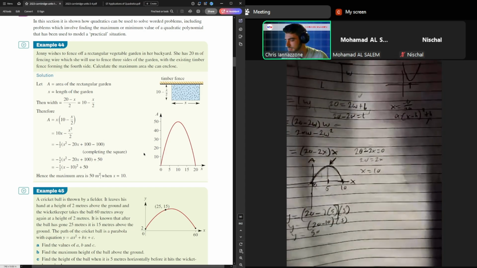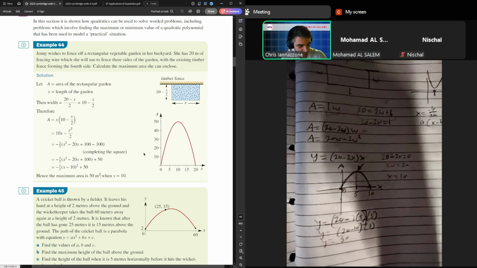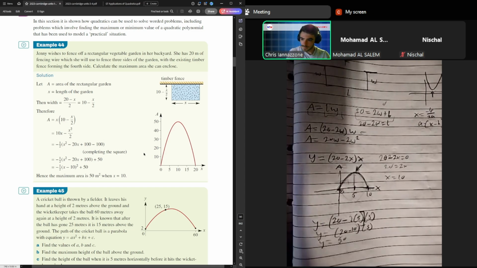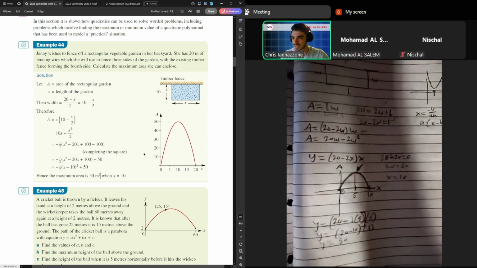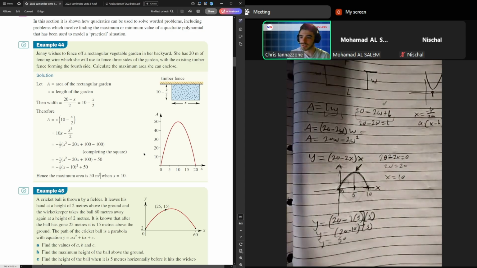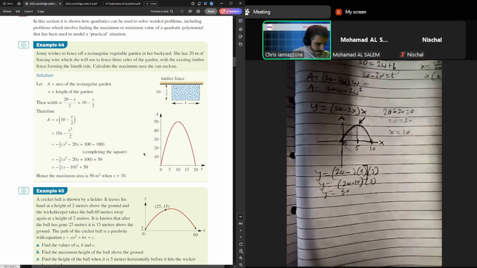Oh wait, no, they just put in... Okay, yeah, they probably rearranged for W instead of L, and it will look a little bit different. So you can do it either way, whether you rearrange for W or for L. It's the same sort of idea, but your equation will look ever so slightly different. So their x is talking about lengths, whereas our x is talking about widths. That's why their x domain is a little bit different. Had me frightened there for a second. I thought I made a mistake.